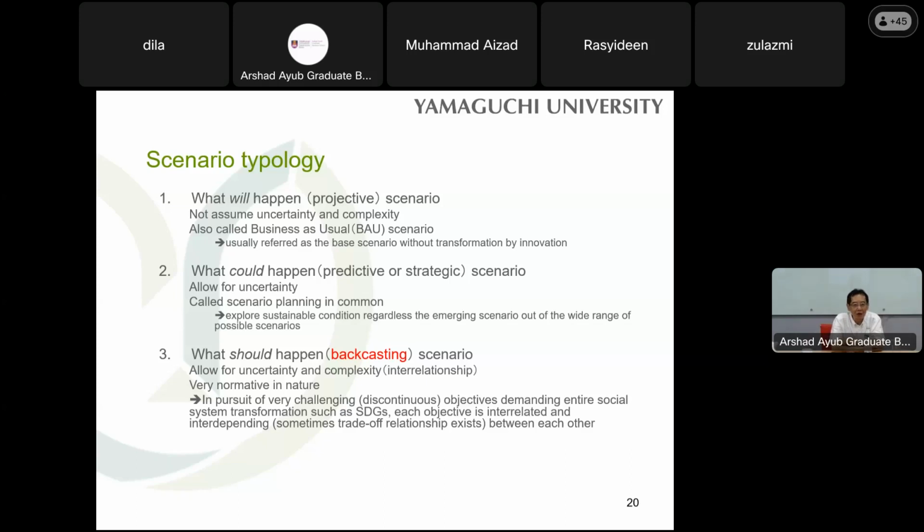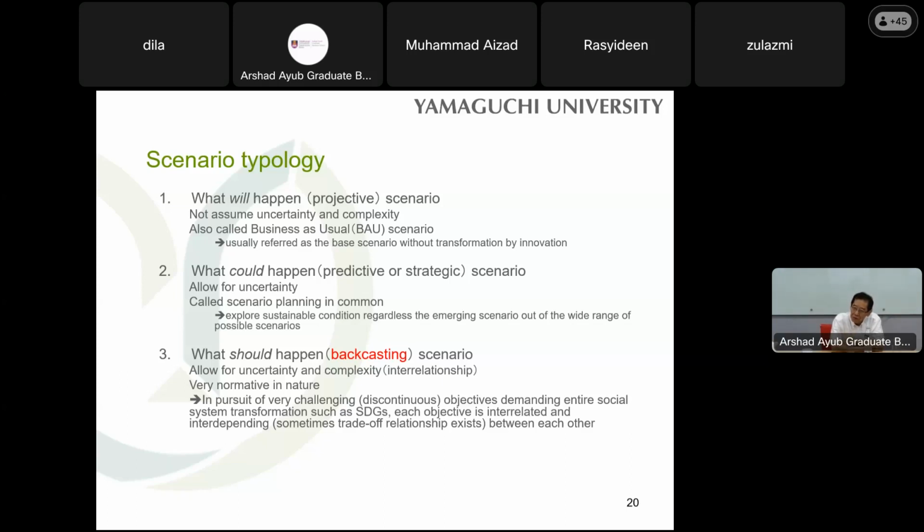The first scenario is called the what-will-happen scenario, or projective scenario. This scenario does not assume uncertainty and complexity. It's also called the business as usual scenario, and it is often referred to as the base scenario without transformation by innovation.